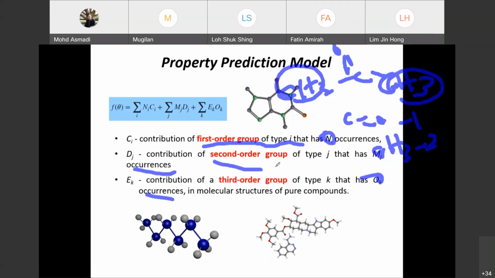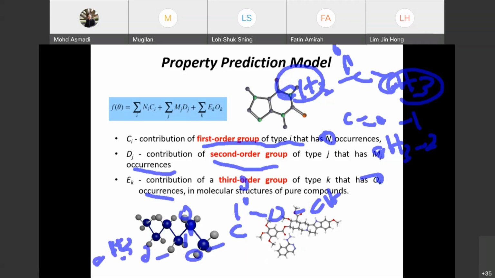For second order, as I told you just now, maybe you can define this one as an ester, for example. If you define it as CH3, CH3, maybe you can define this one as a second order group, but it's not necessary to do second order or third order.